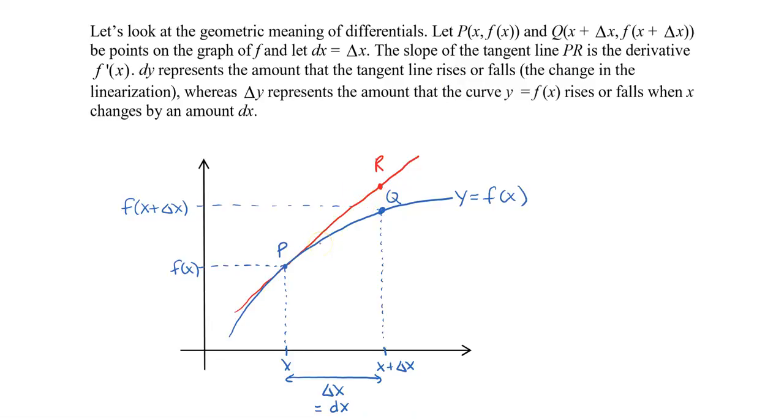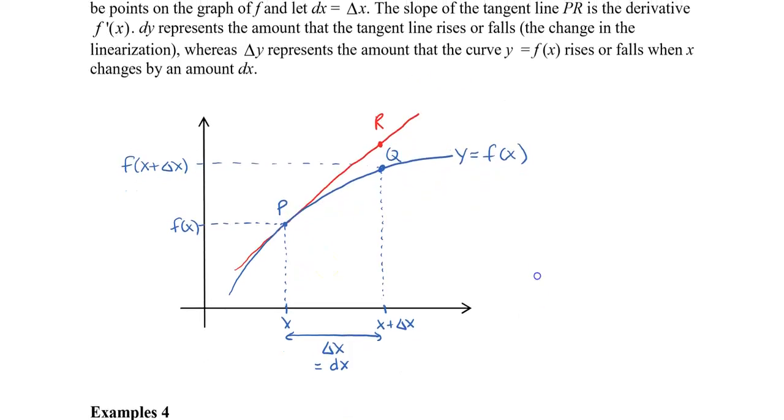So dy represents the amount that the tangent line rises or falls. That would be the distance from here to here. So this would be dy.